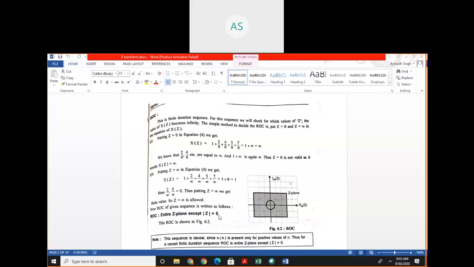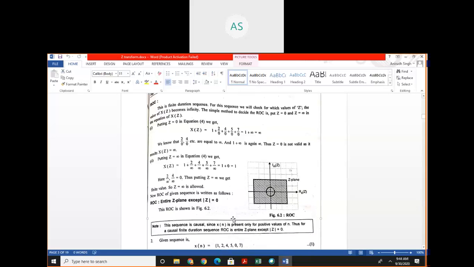In Laplace transform, ROC is determined by the real part, means ROC is determined by sigma. But in z transform, ROC is determined by mod of z. In this case, when mod of z is 0, value of z transform is infinite.